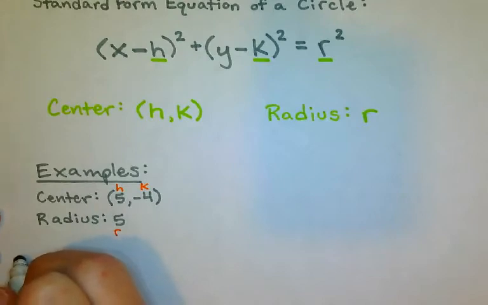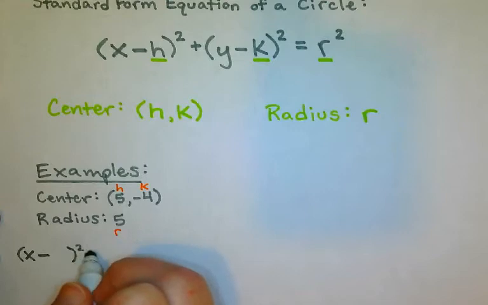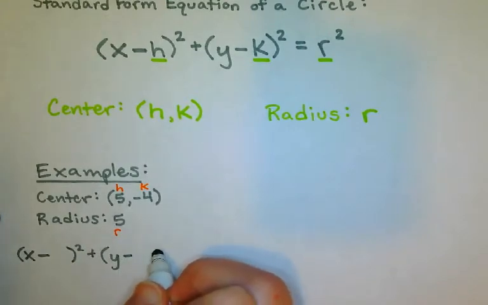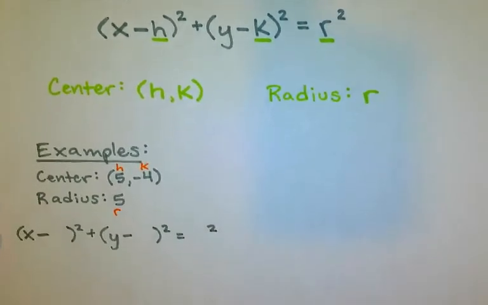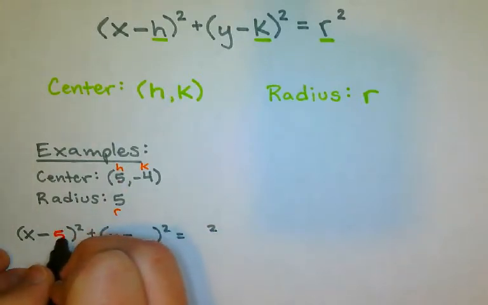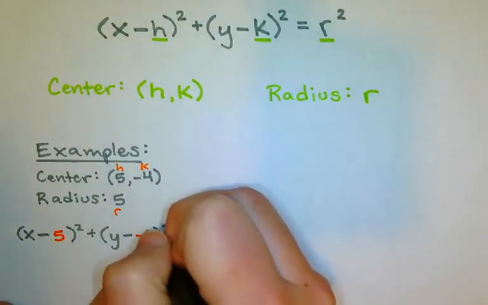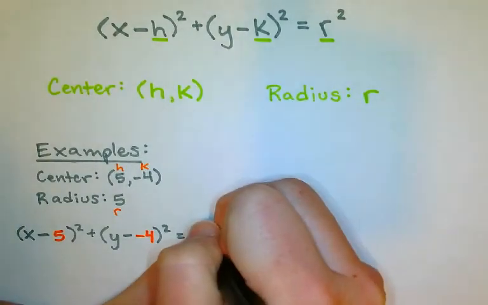Alright, so I'm going to write out x minus blank squared plus y minus blank squared equals blank squared. Now I'm going to plug in my h, k, and r. My h was 5, so 5 is going to go right here. My k is a -4, so I'm going to put -4 right there. And my r was 5.